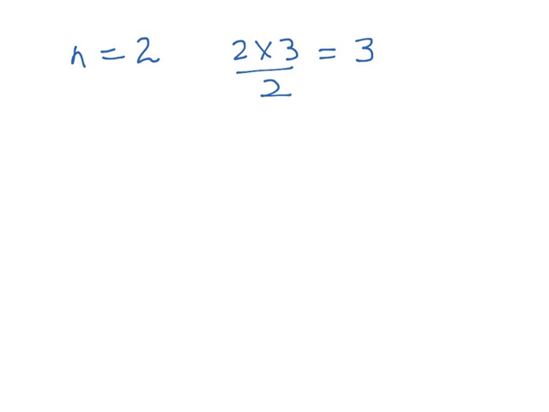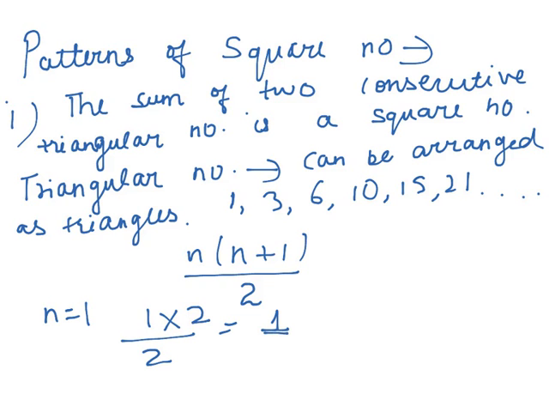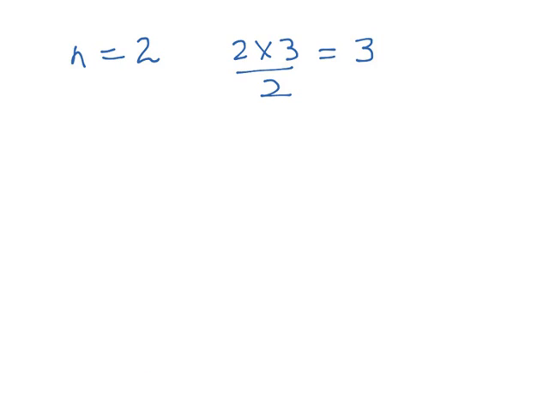It means in the first triangle we have 1 dot, and in the second we have 3 dots. We can arrange this 1 like this, and here we can arrange the 3 like this. Similarly, if n is equal to 3, then it will come as 6.